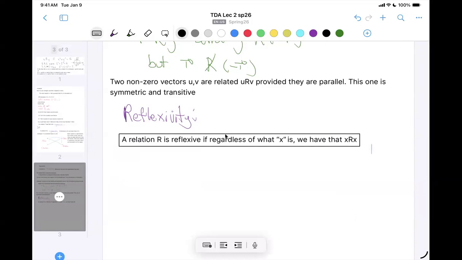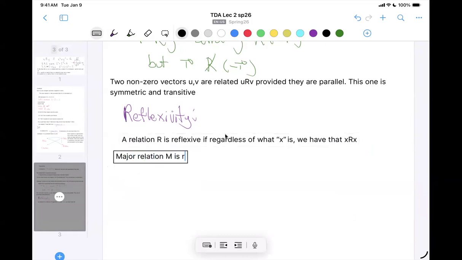So for example, let's go down the list of the ones that we have talked about. The majoring relation is reflexive because you have the same major as yourself. If you're a biology major, then you are a biology major. It's almost circular. The major relation is reflexive because no matter which student you pick, a student always has the same major as themselves.